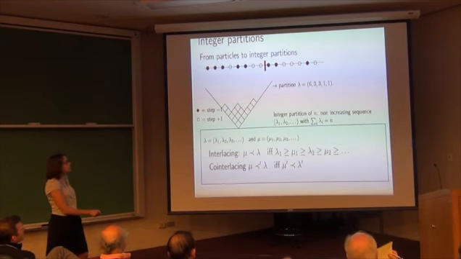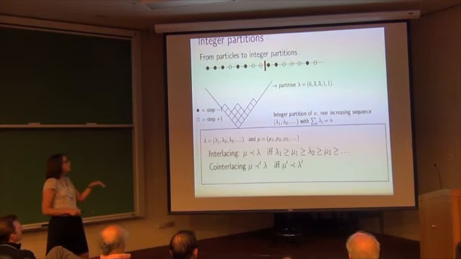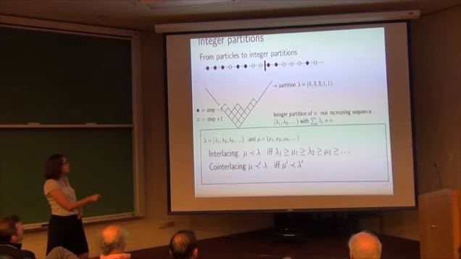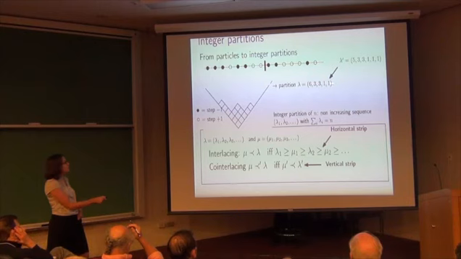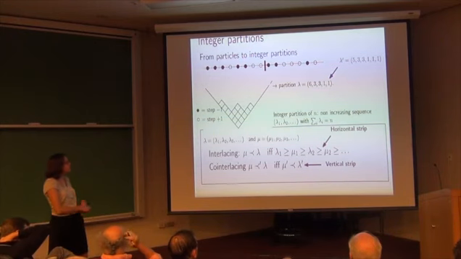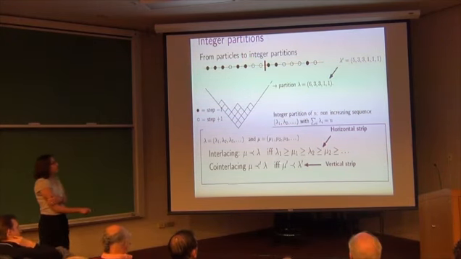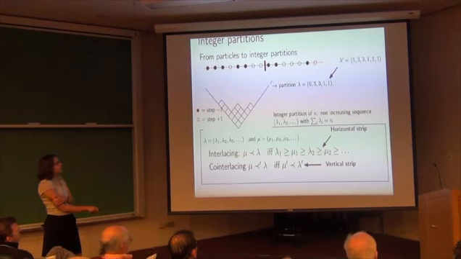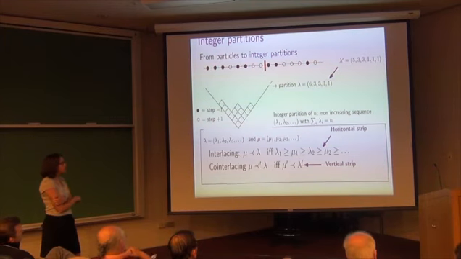Lambda 1 is greater or equal to mu 1, greater or equal to lambda 2, greater or equal to mu 2, etc. Okay? And they're co-interlacing if I take the conjugate of this partition. So I read the partition from the other direction here. Here it would give me 5, 3, 3, 1, 1, 1. Okay? And so they're co-interlacing if their conjugates are interlacing.